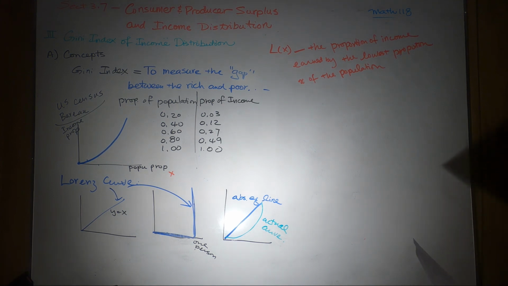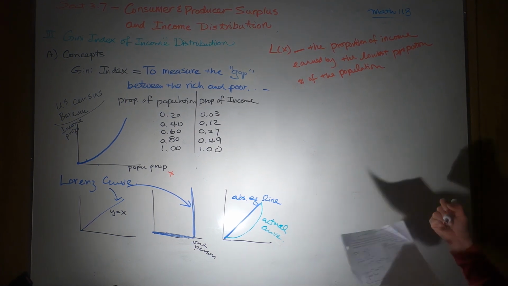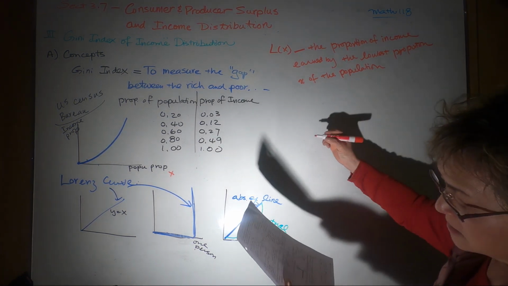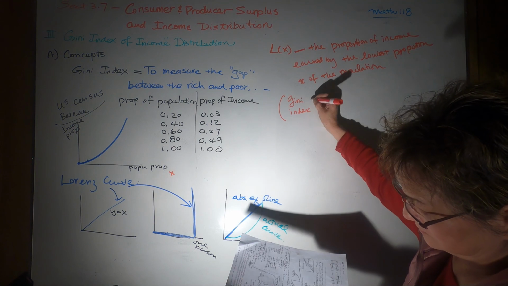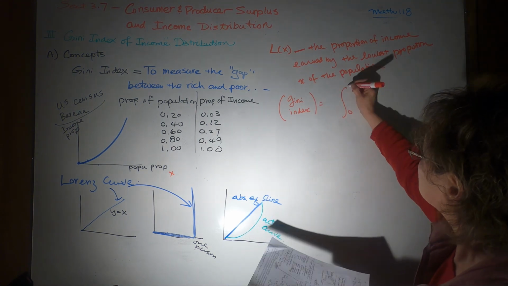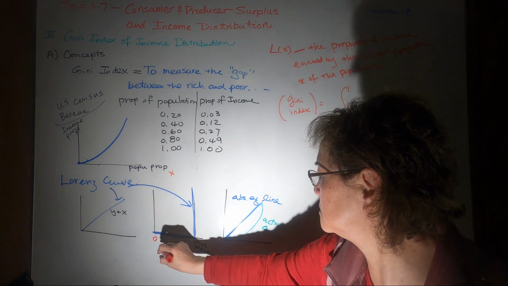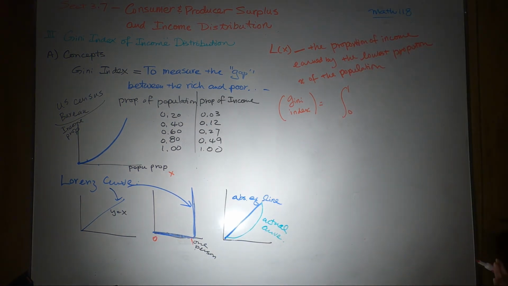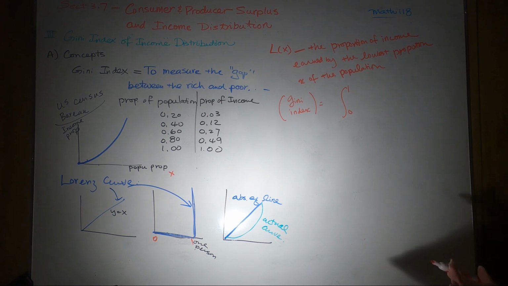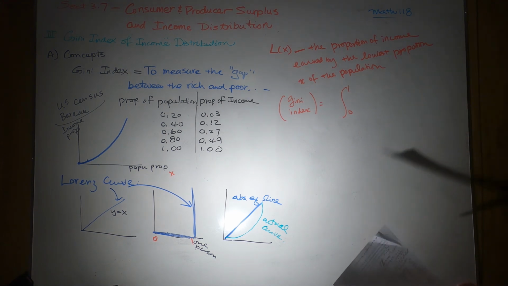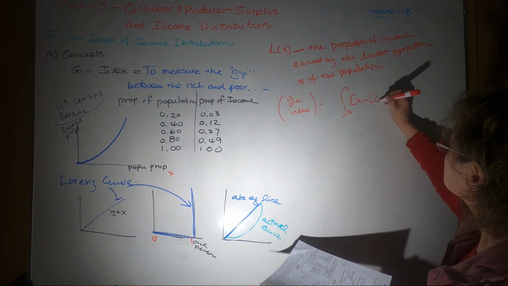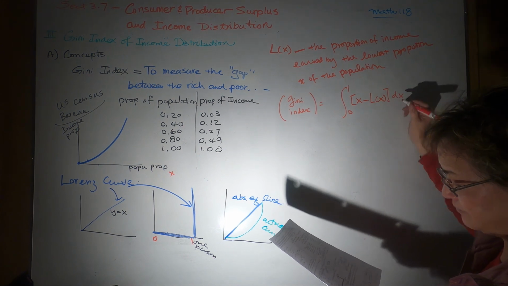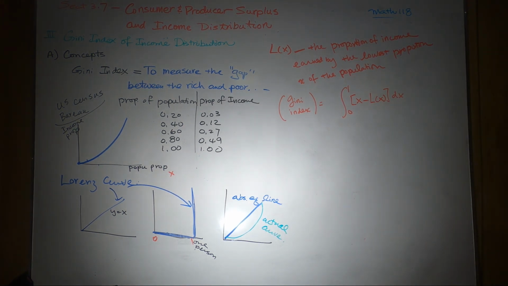And the Gini index is calculated this way. It's from 0 to 1, because we just do the 0 to 1 portion, the 100% portion. Then we do the integral of X minus the Lorenz curve, dx.